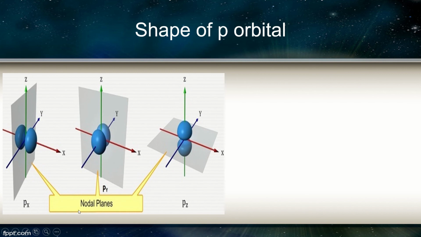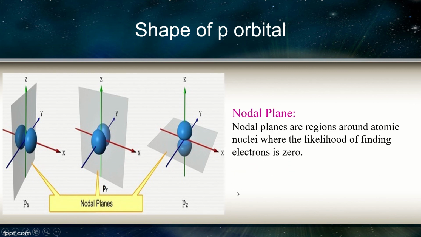This plane is called a nodal plane. These planes where there is no electron are called nodal planes. Nodal planes are regions around atomic nuclei where the likelihood of finding electrons is 0.